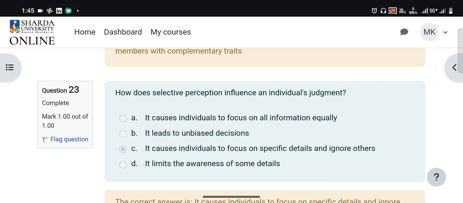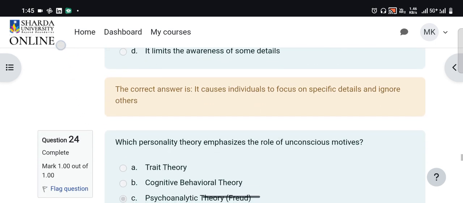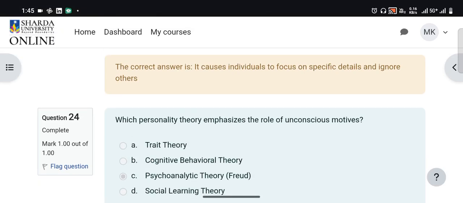Option C, it causes individuals to focus on specific details and ignore others. Option D, it limits the awareness of some details. The correct answer is it causes individuals to focus on specific details and ignore others.